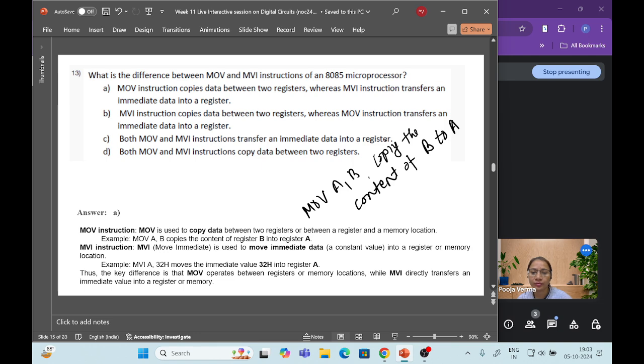It is written as MVI A, 32, which means move the immediate data 32 into the accumulator. So the difference is MOV operates between registers or memory, and MVI directly transfers the value into a register or memory. So option A is the correct answer: MOV instruction copies data between two registers, whereas MVI instruction transfers immediate data into a register. Okay, moving to the next question.